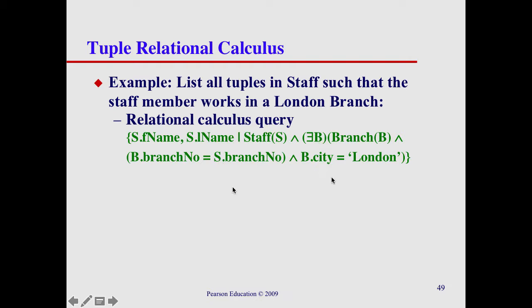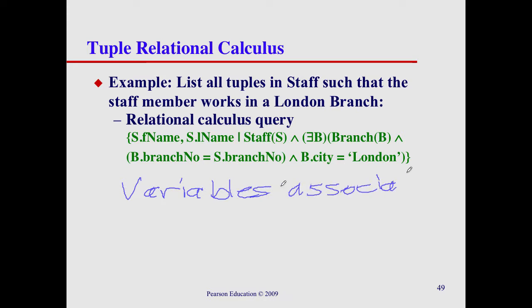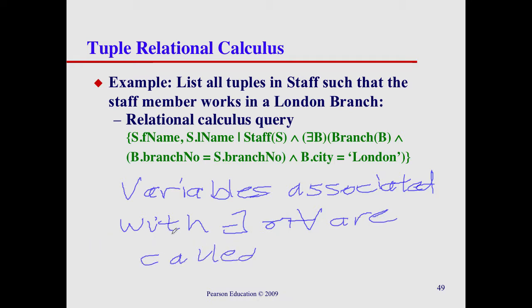So variables associated with there exists or for all are called bound variables.